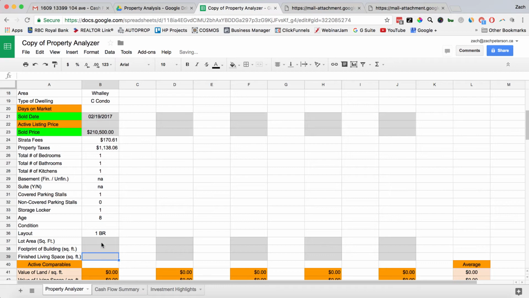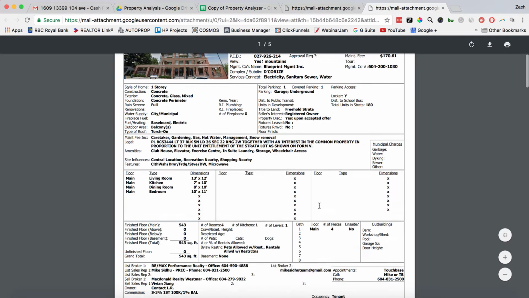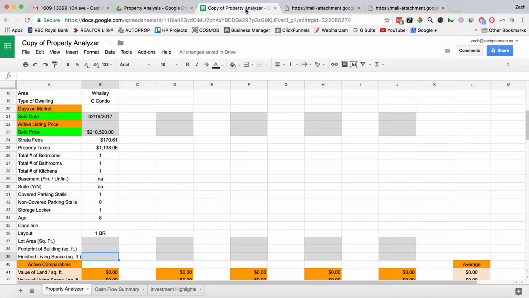And then the next important piece here is going to be the finished living space, with 543 square feet.